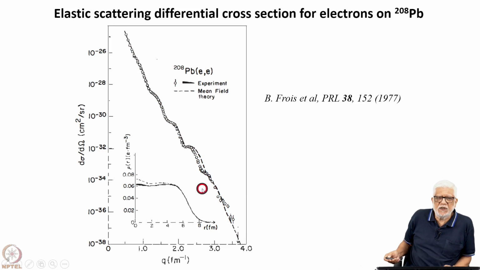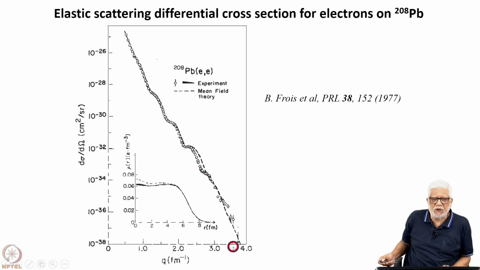And so, you can get very detailed measurements. You have measured it out to a Q of about 4 Fermi inverse, and therefore you can get details of the inside of this electric charge distribution in lead 208.